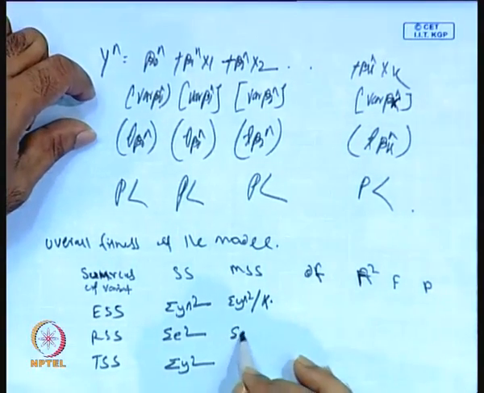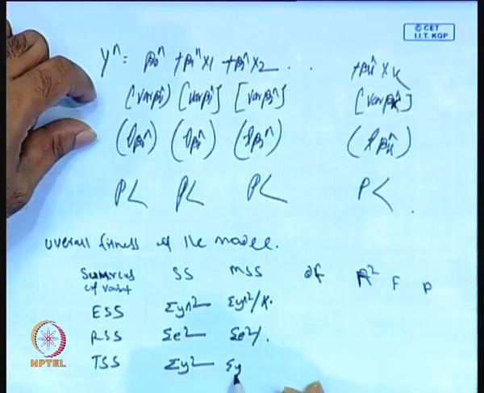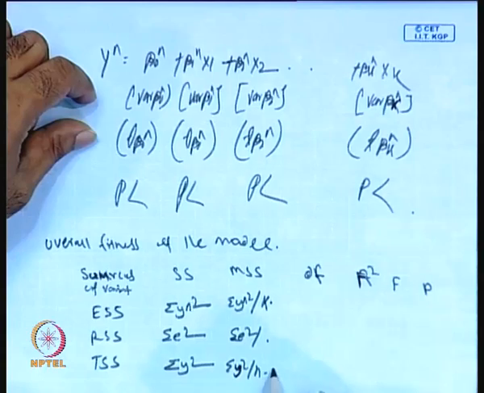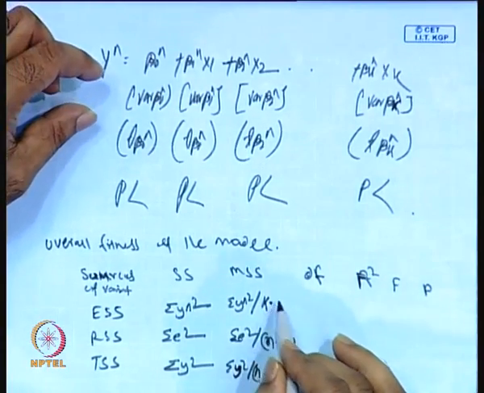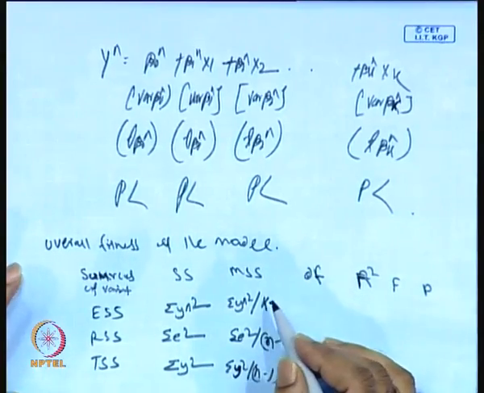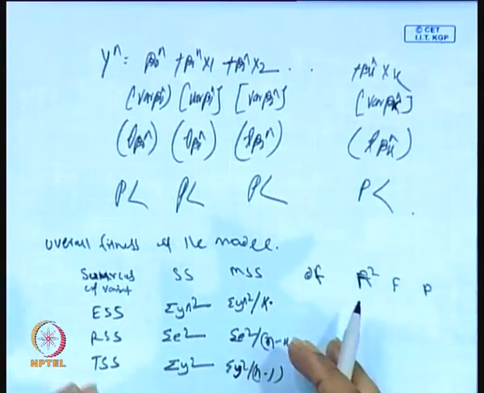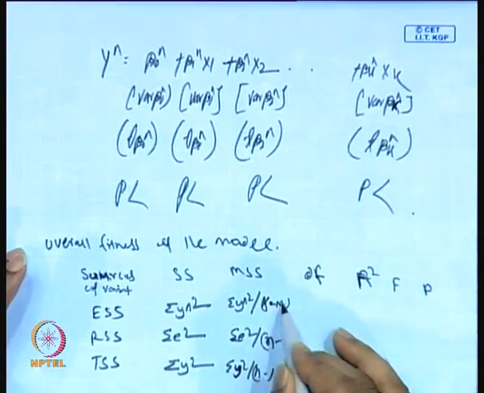Summation y square is also divided by its degrees of freedom, and summation y square by obviously n minus 1. So this should be n minus k. We have to see some degrees of freedom here, because we are considering k as the total number of variables. It will be a little bit complex, but let's say there is a model up to m, then obviously you will find k minus m. So this is how the degrees of freedom work.